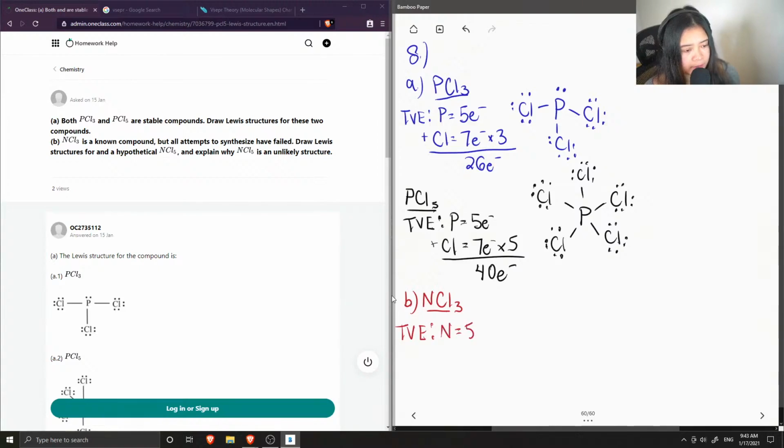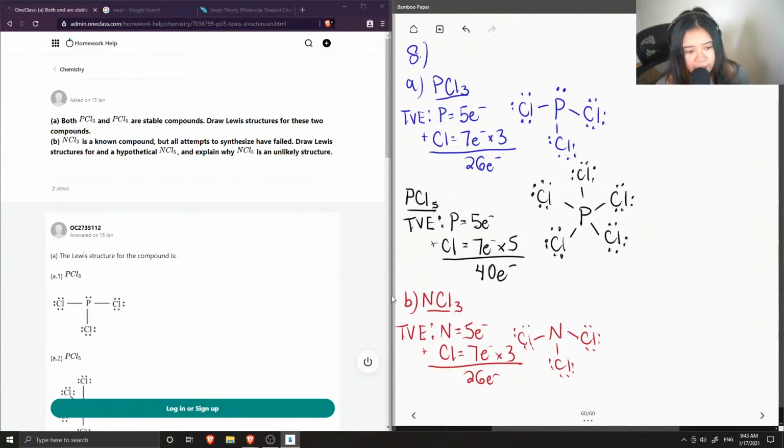Nitrogen has 5, chlorine has 7 times 3, so 26 electrons in total. And similarly with our PCl3, I'll draw in all of the lone pairs on the chlorines, and our nitrogen should have a lone pair as well to get 26 electrons.